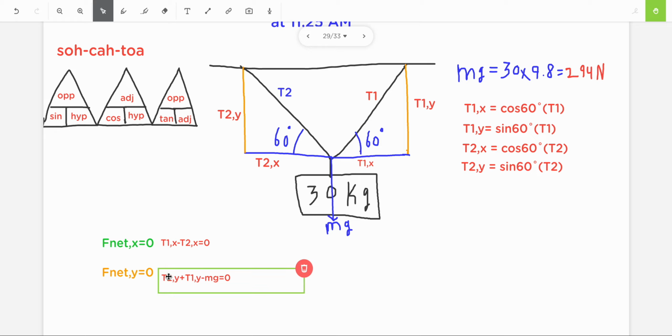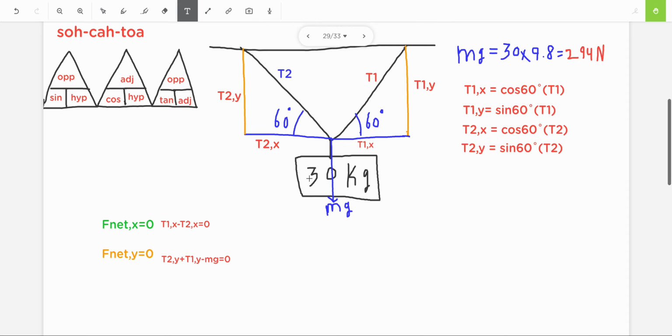And for the y-axis, both T1y and T2y are pointing upward, so they will be positive, and mg will be negative because it points downward. So now we will substitute these numbers here.